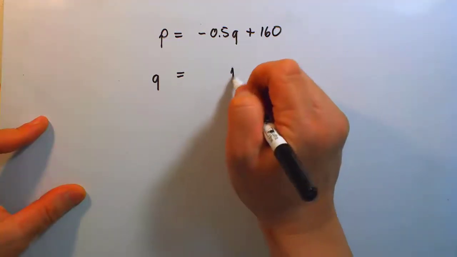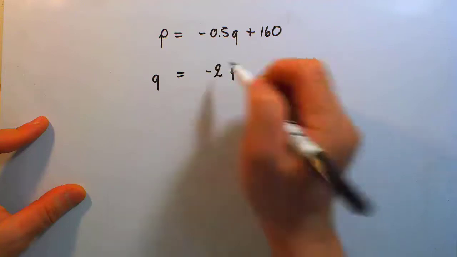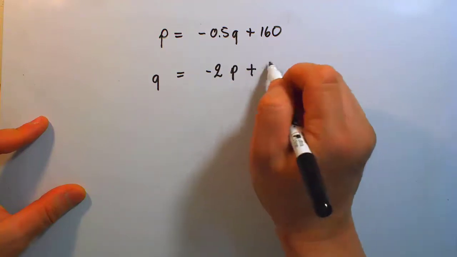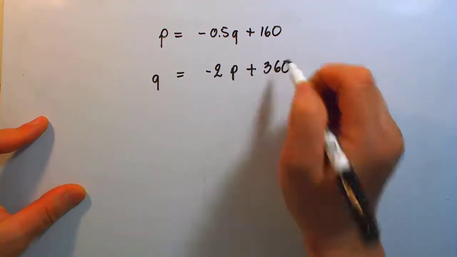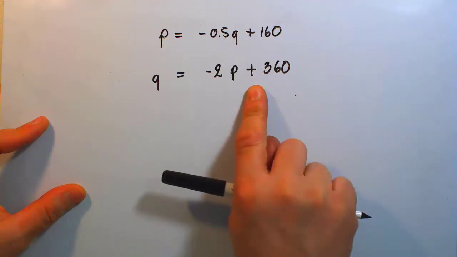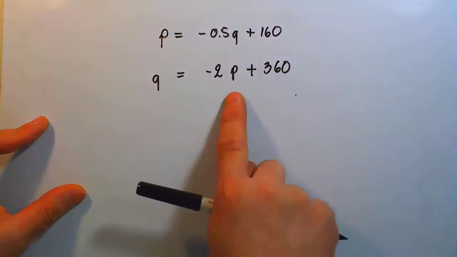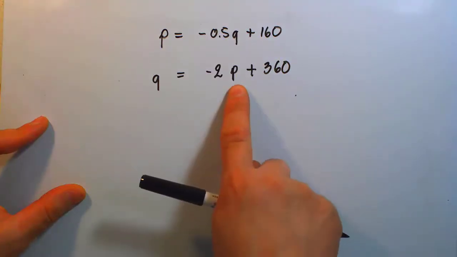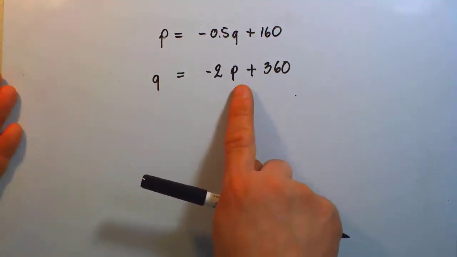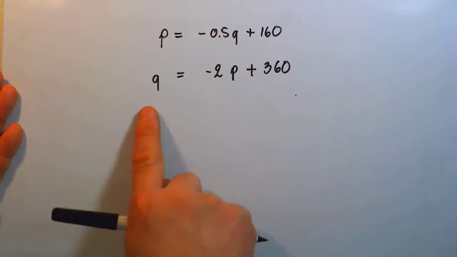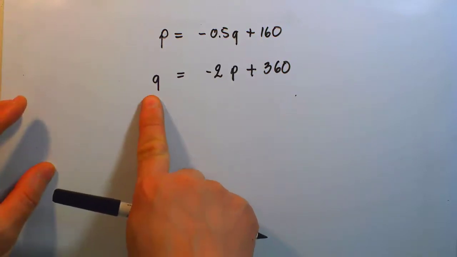So that's how we got negative 2p plus 360 way back in our development of the question A answer. So once again, a lot of the time we need to adjust P to attract different numbers of customers.